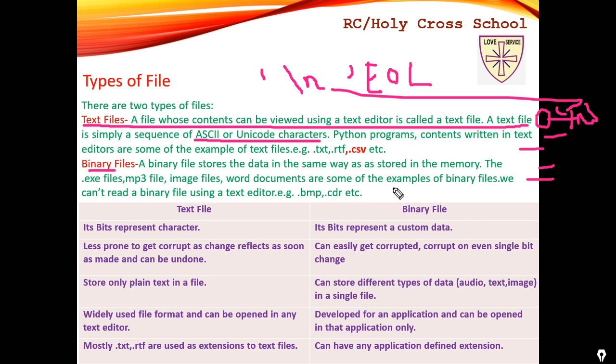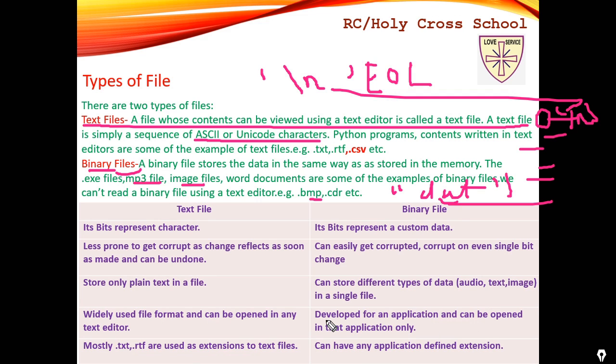You might have seen a dat file. This is a digital file. In binary files, everything is converted into digital form. See, mp3, image files, bmp, these are all binary files, right?